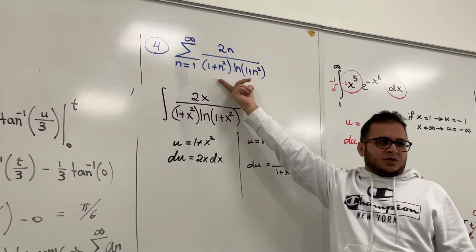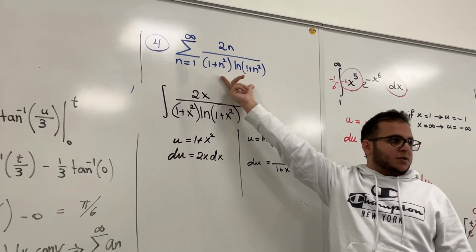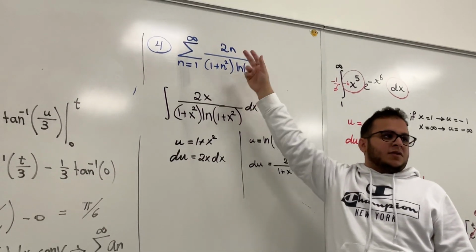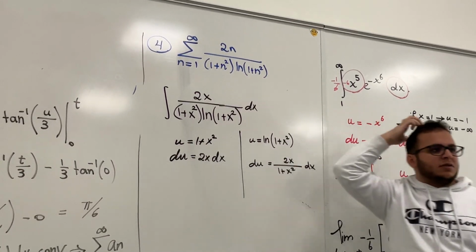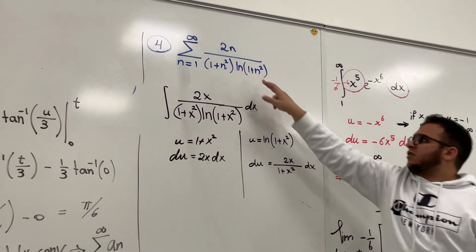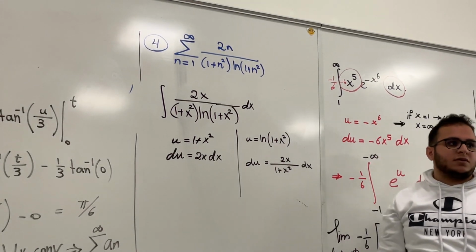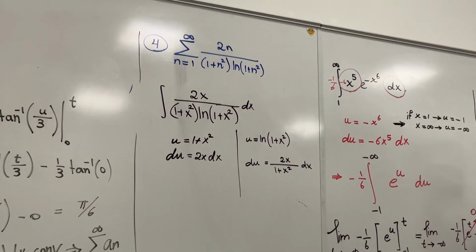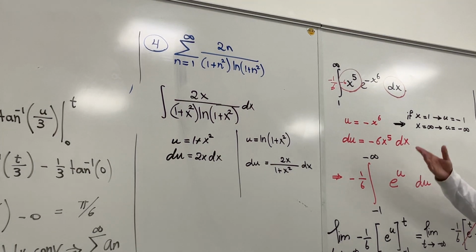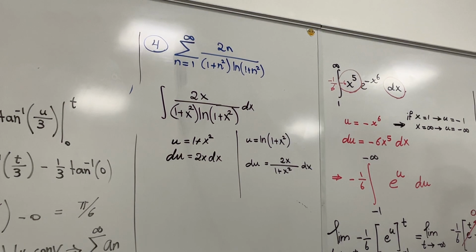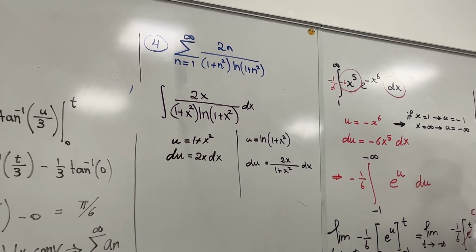So this is degree larger than 2 for sure, and this is degree 1. Or you could just make a statement that this is larger than this, and it's a correct statement. You can say since ln(1 plus n squared) is larger than 2n for all values of n, then it's decreasing. I think it's fine.